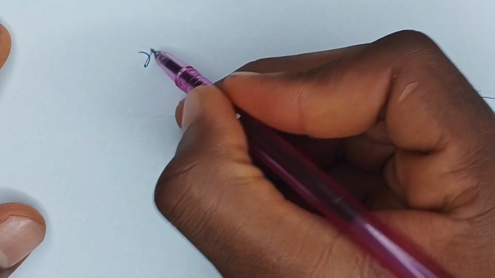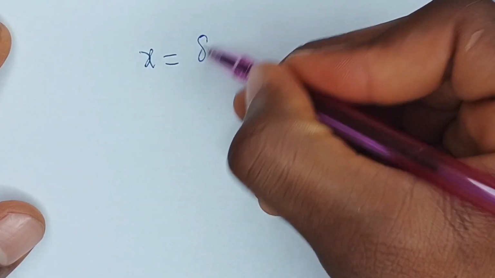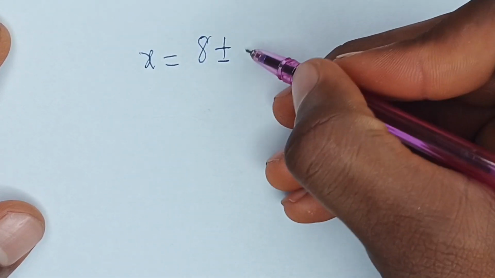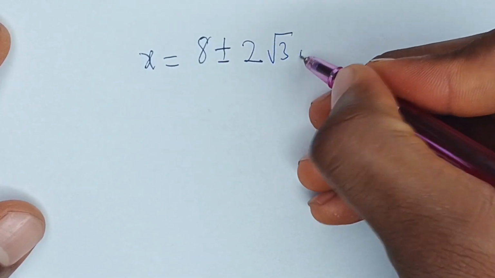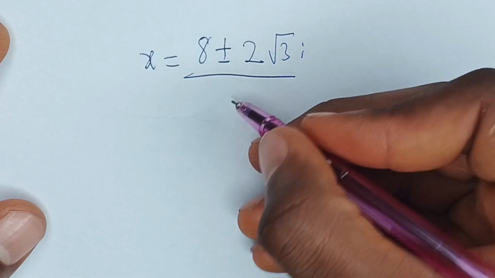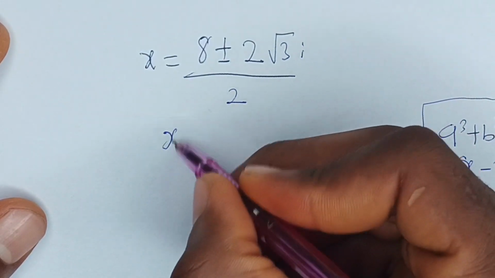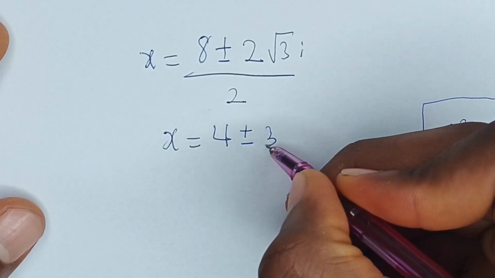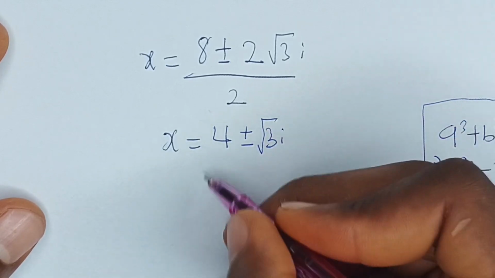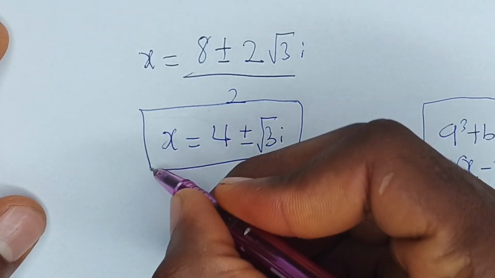From here, we have that x is equal to 8 plus or minus 2 times root of negative 3, which is root 3 i, all over 2. Hence x becomes equal to 4 plus or minus root 3 i. So these are the next set of answers for x in this question.